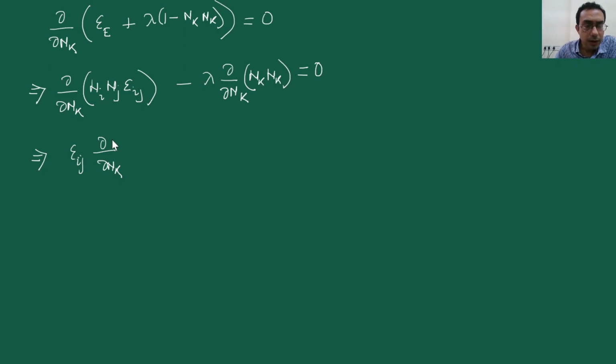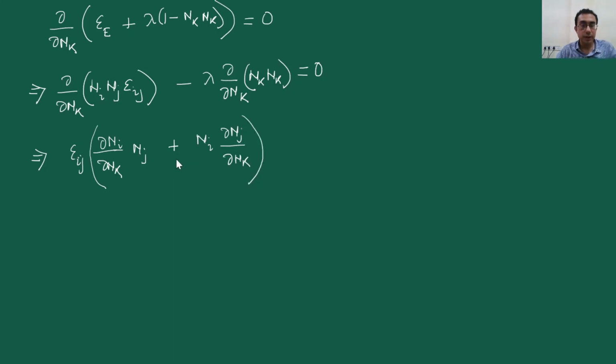Now I want to use the chain rule here and write this like this: ni nj plus epsilon ij, or I can just take this thing as common. Ni del nj del nk.